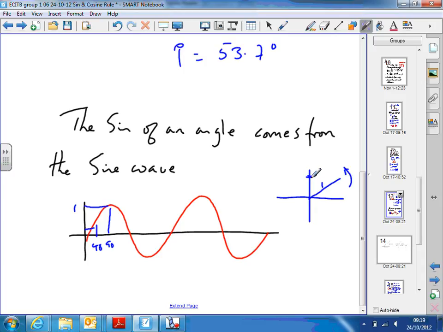Now, after 90 degrees, it comes back down again, and you can see that there's more than one angle that's going to give us the same sine.